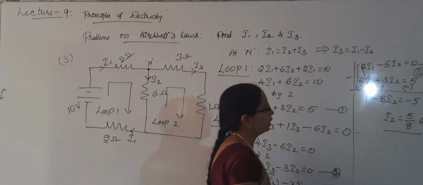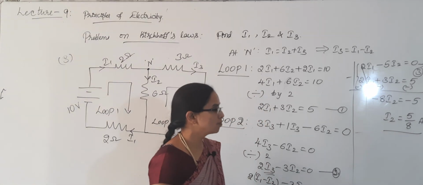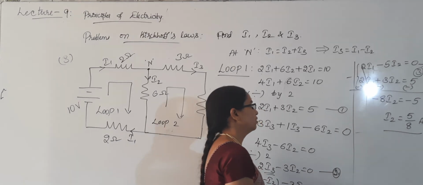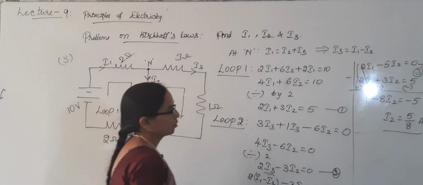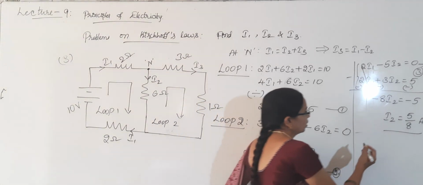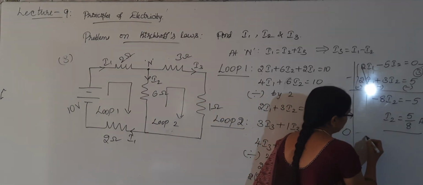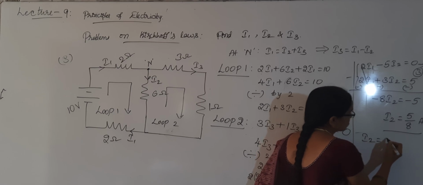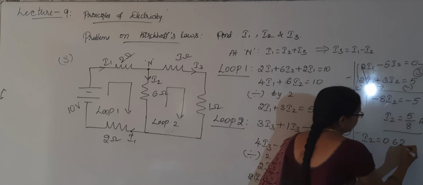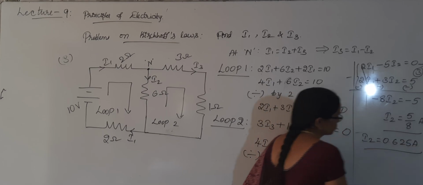How much it will be? You can keep it like 5 by 8 also. Otherwise, if you want to calculate it, I2 is equal to 0.625 amperes.